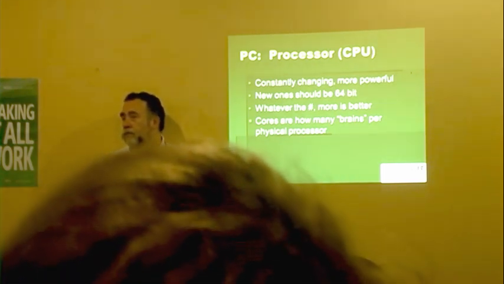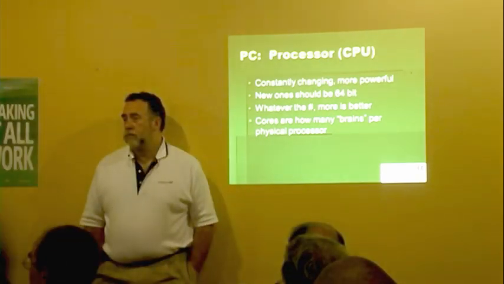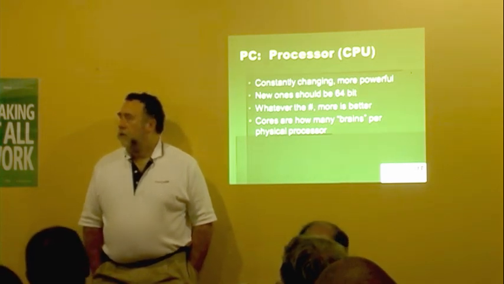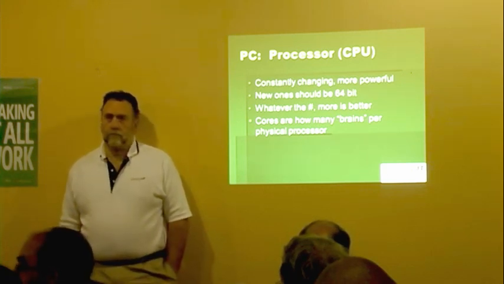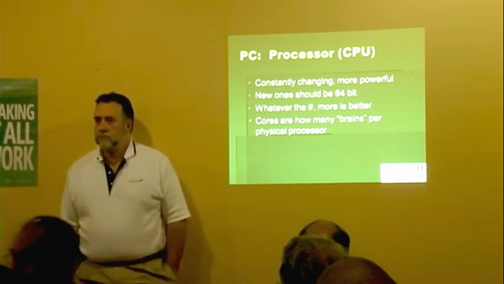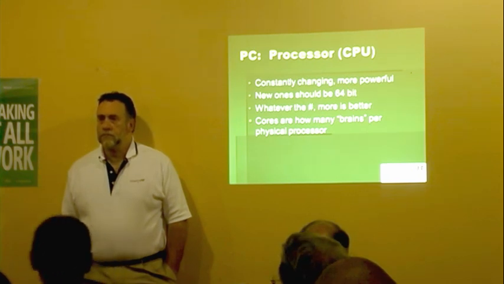Your 2 gigahertz processor from 7 years ago is nothing compared to a brand new 3rd generation i7 2 gigahertz processor. There are plenty of websites out there that will quantify the performance between them, but just comparing the front 2 and 2 is not a good way to go.